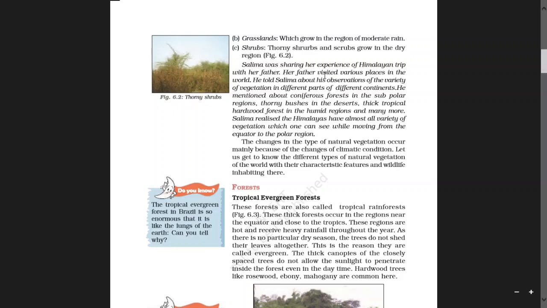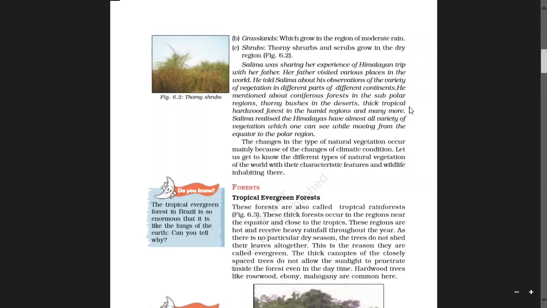He mentioned the coniferous forests in the subpolar regions, thorny bushes in the deserts, thick tropical hardwood forests in the humid regions, and many more.